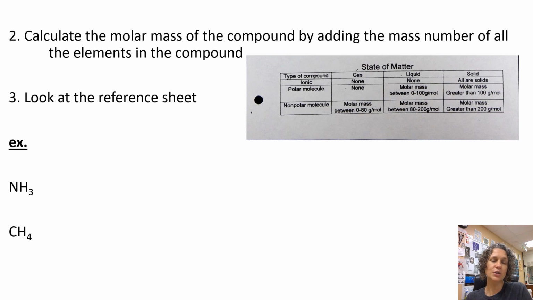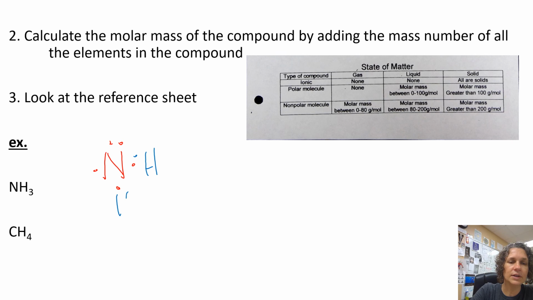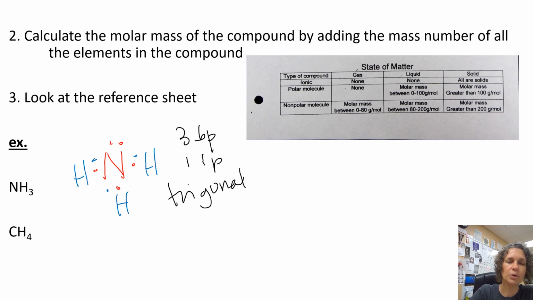So NH3, it's kind of our go-to example. We said that NH3 looks like this. Here's N in the middle and your H's all around it. We said that we had 3 bonding pairs and 1 lone pair, which gave us a trigonal pyramidal shape.